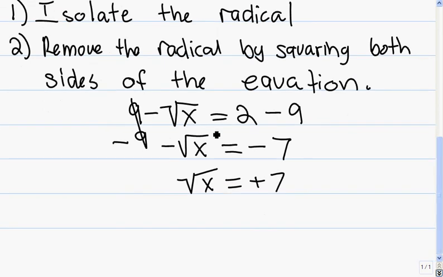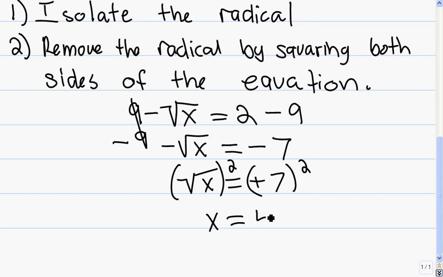So now what I do is once I've isolated the radical, got it by itself on one side of the equal sign, I remove the radical by squaring both sides of the equation. So I'm going to square both sides. That's going to give me the square root of x squared is x.